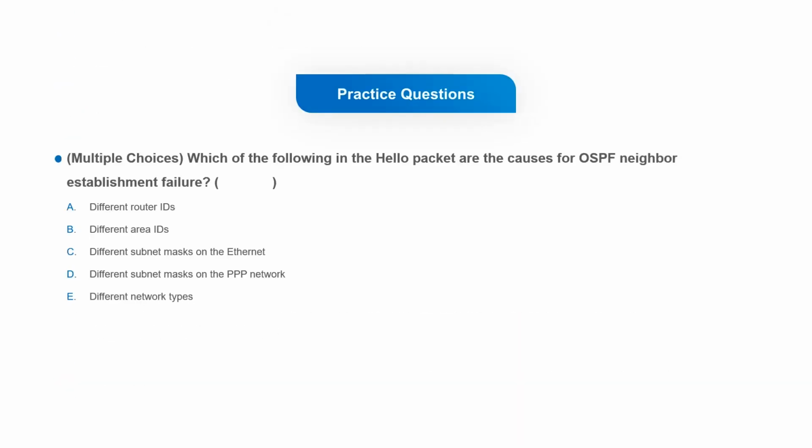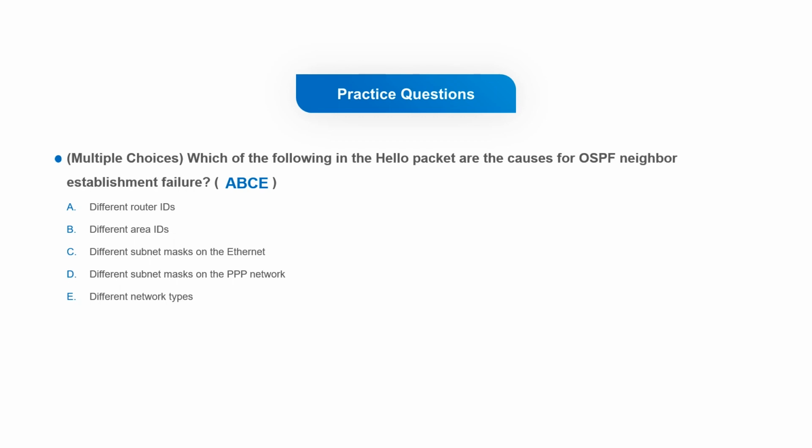Okay, next question is: which of the following in the hello packet are the causes for OSPF neighbor establishment failure? Before, we introduced the 7 fields rules, right? So here the answer is A, B, C. The different router IDs, the different area IDs, the different subnet masks on the Ethernet, and the different network types.